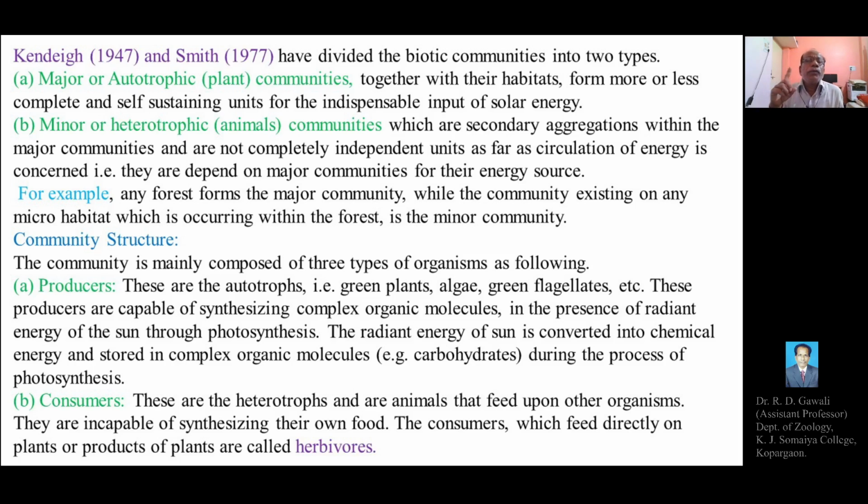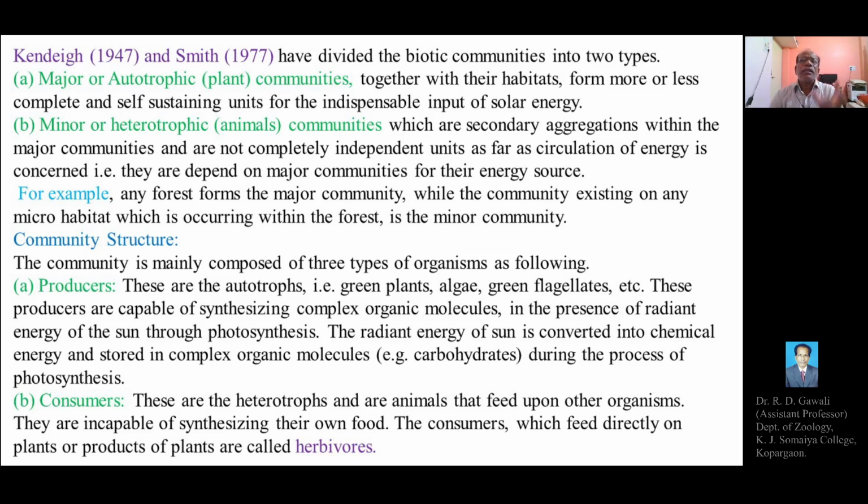So, according to Kendeigh and Smith, the biotic community is divided into major and minor communities. The major community is the autotrophic community, or self-sustaining units, including plants, which use solar energy and transform it into chemical energy in the form of carbohydrates.